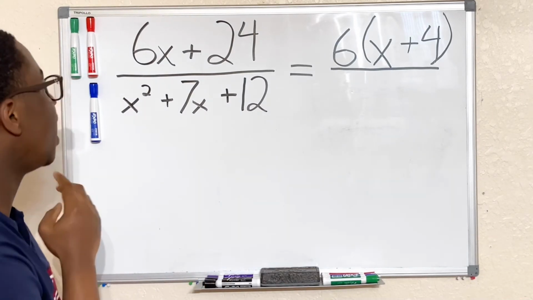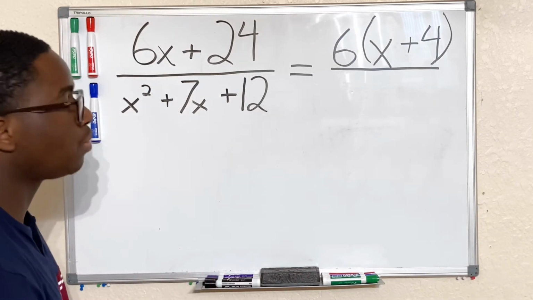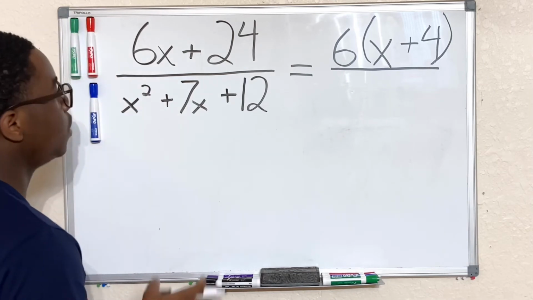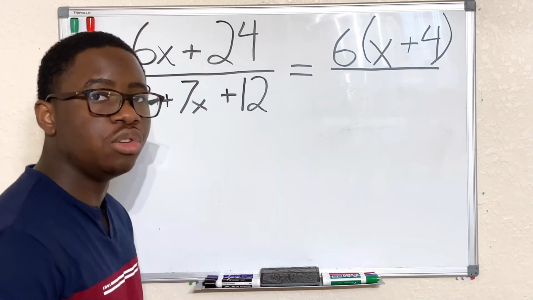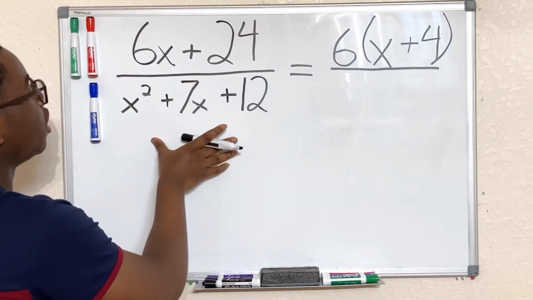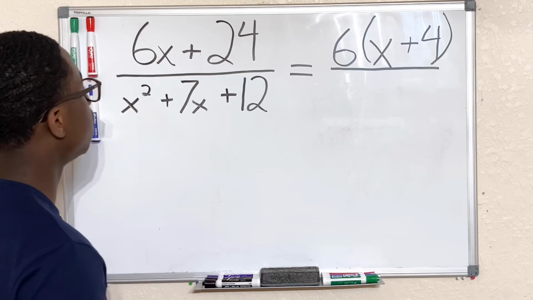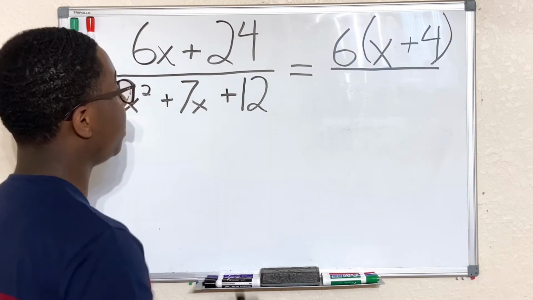So we have x squared plus 7x plus 12. What can we do to factor this or simplify it? As we said before, we take our GCFs, but before we do that, I noticed this isn't just any expression, it's a trinomial, and we factored those before. So let's start with C. What two numbers multiply to give us 12?